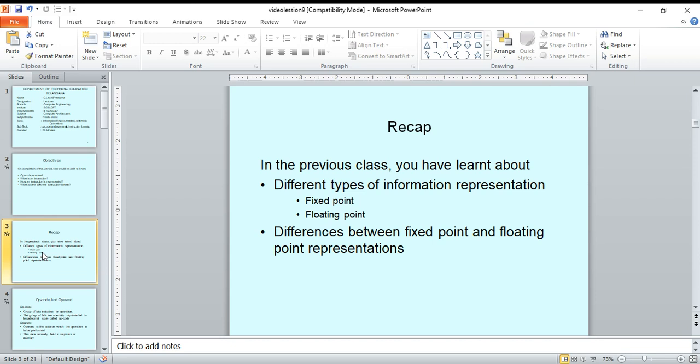Both binary data and decimal data can be represented in floating point form. The way of representing data in floating point representation is the mantissa, and then e to the power of exponent. That is the floating point.